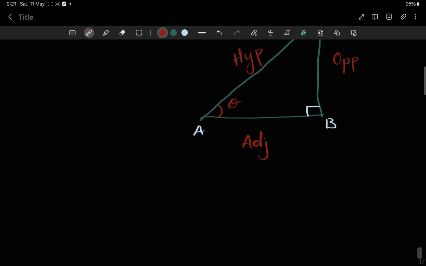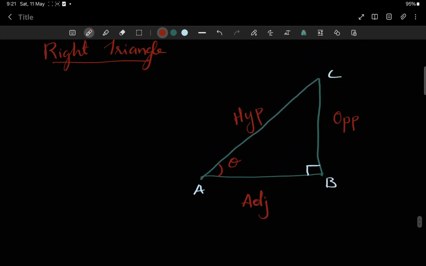So I am going to define some trigonometric ratios. First one is sine theta, the sine of this angle theta, which is equal to opposite side by hypotenuse.